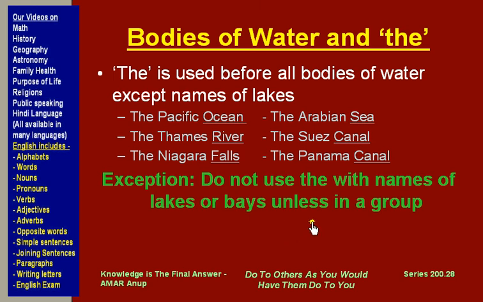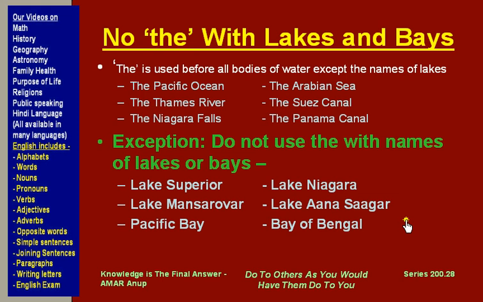Also, if the bodies of water are in a group, then we use "the" before that, and here are some examples. This we have already seen. So Lake Superior, there is no "the" before it. Lake Niagara, no "the" before it.